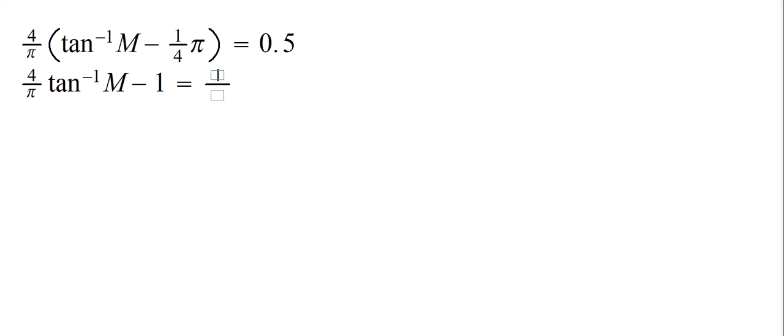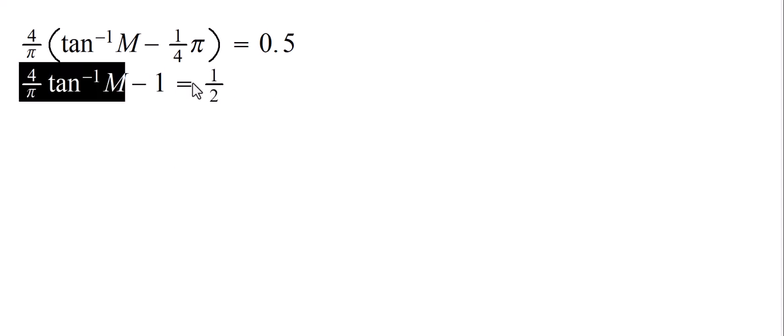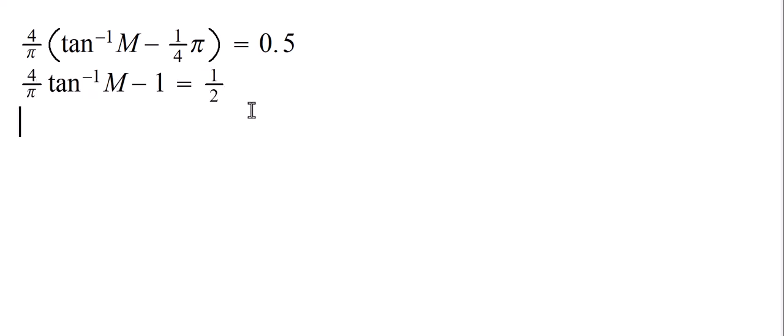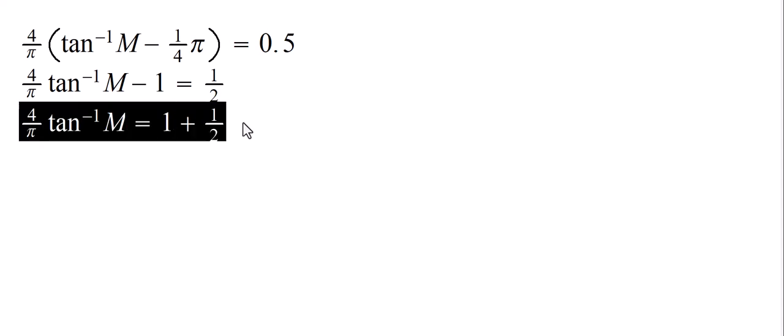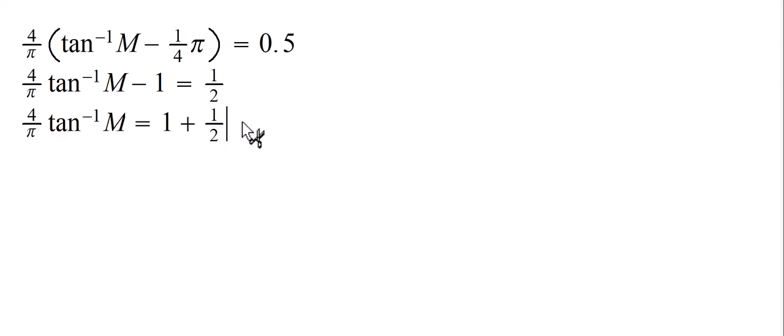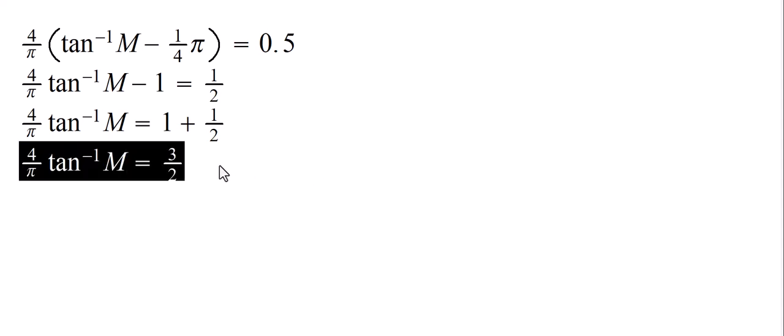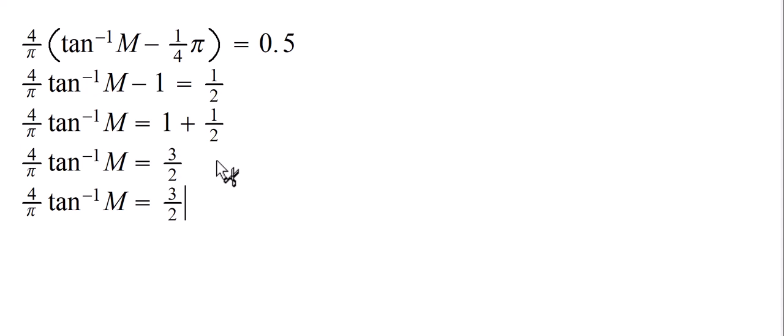And let's write it a little more precisely. So what we got now is that this equals how much? 1 plus 1 over 2, which is 3 over 2. So this is 3 over 2, and that means tangent inverse m is how much?